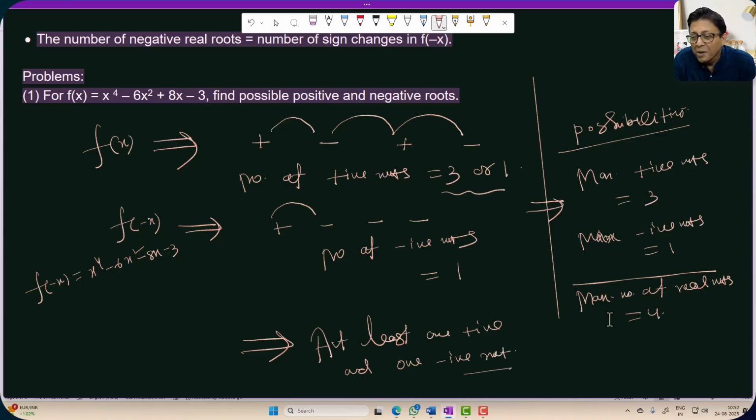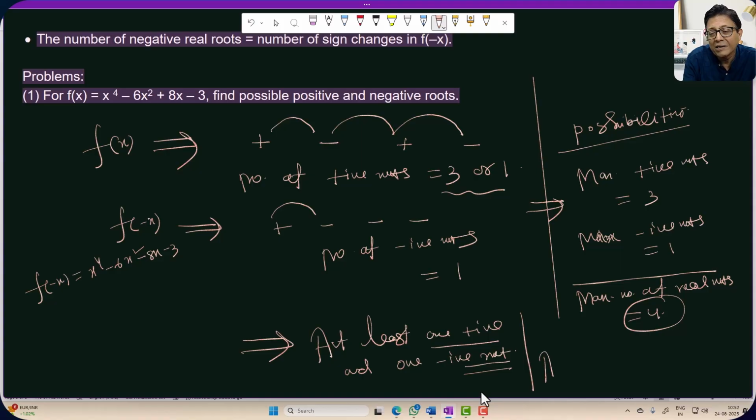Maximum number 4, it's fine, but at least one positive, one negative means at least two real roots are there.